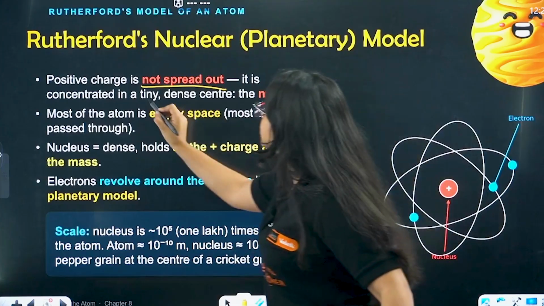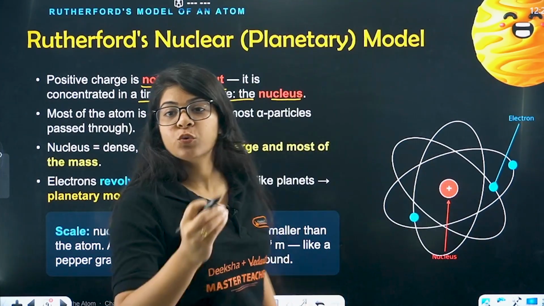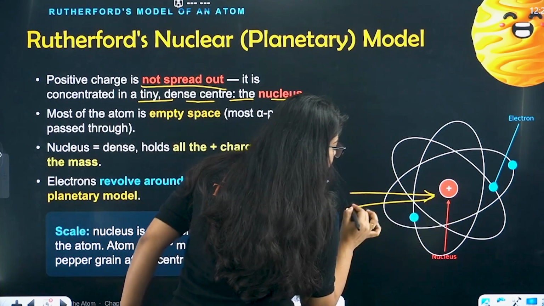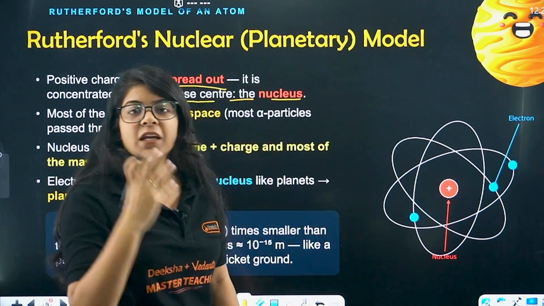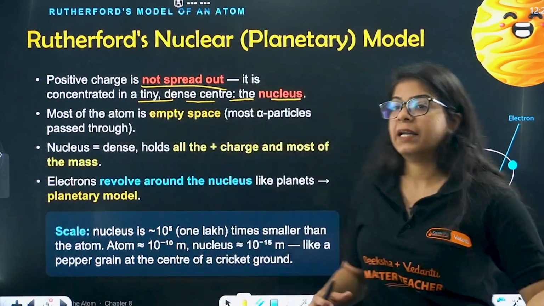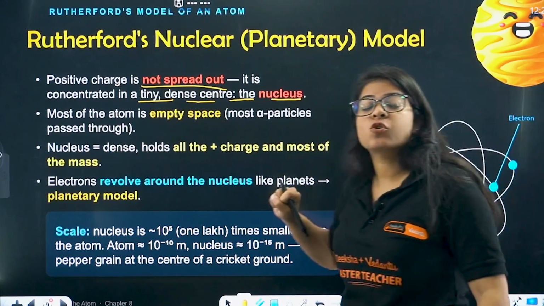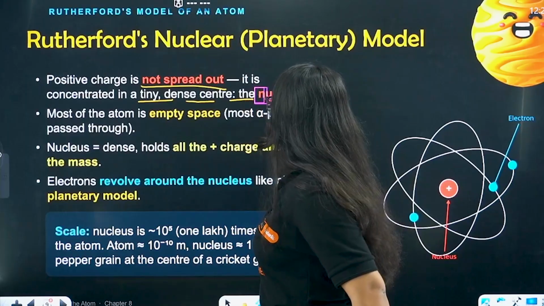It's concentrated in a tiny dense center, that is your nucleus. They said that at the center only it was bouncing back. So at the center there is a very, very high positive charge which is repelling our alpha particle, and it is concentrated in a very tiny space, that is called your nucleus.